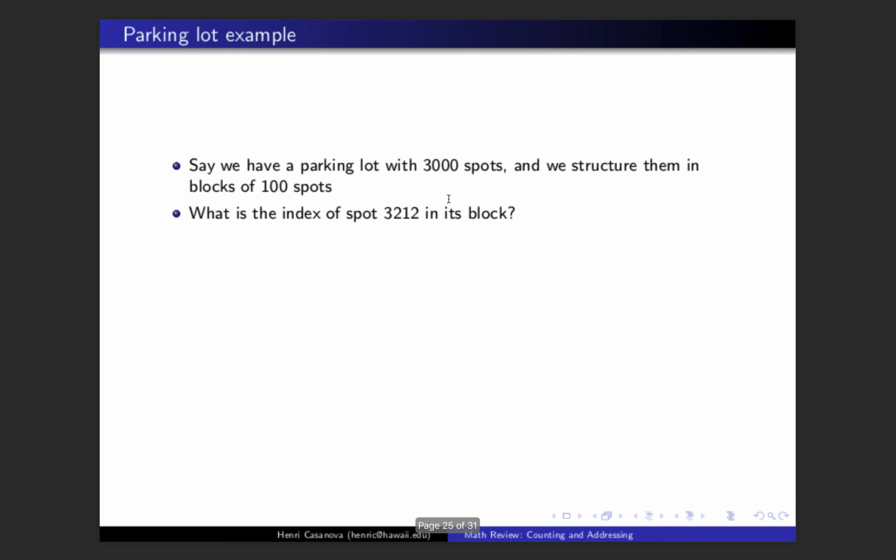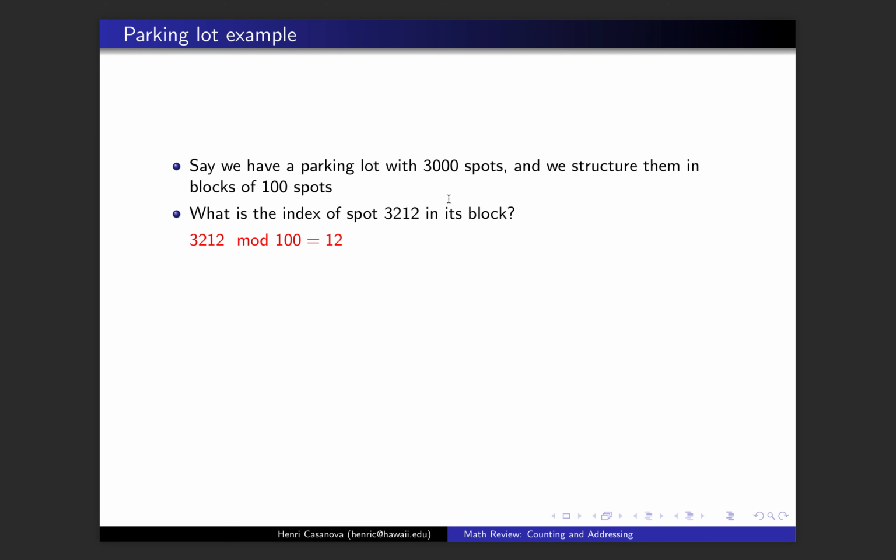You can pause and rewind and look at those formulas again, or maybe you have the lecture notes on the side. So say I have a parking lot with 3,000 spots, and we structure them in blocks of 100 spots. What is the index of spot 3,212 in its block? Well, the index is 3,212 mod 100, which happens to be 12.